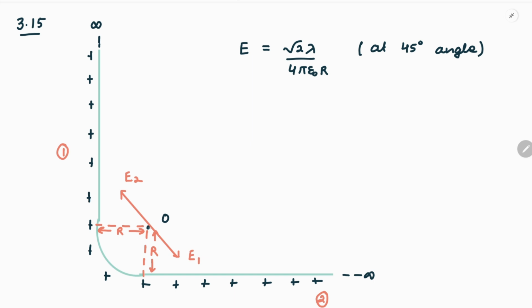So this one will be directed at 45-degree angle from the first charge configuration, and from the second charge configuration E2 will be directed at 45-degree angle. Hence E1 vector and E2 vector will nullify each other.